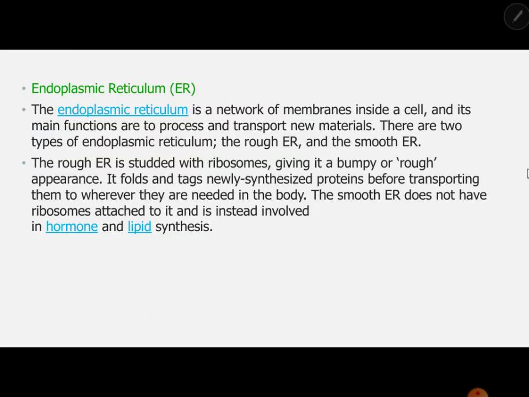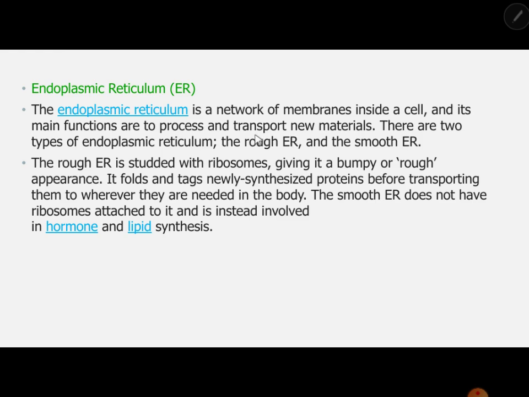The endoplasmic reticulum. This is divided into two: the rough endoplasmic reticulum and the smooth endoplasmic reticulum. The endoplasmic reticulum is a network of membranes inside the cell, and its main functions are to process and transport new materials.